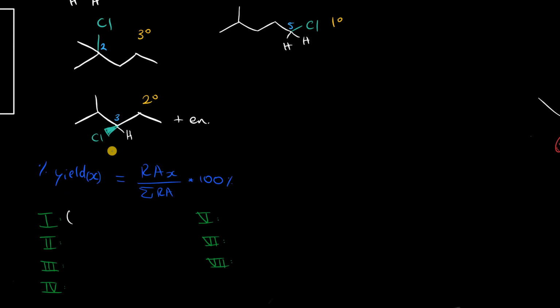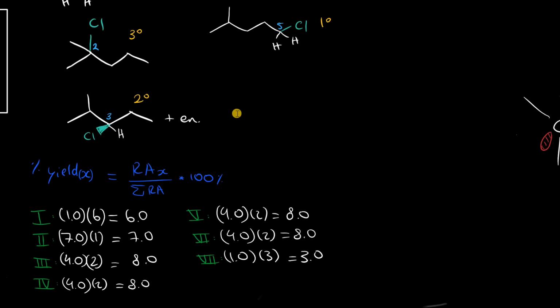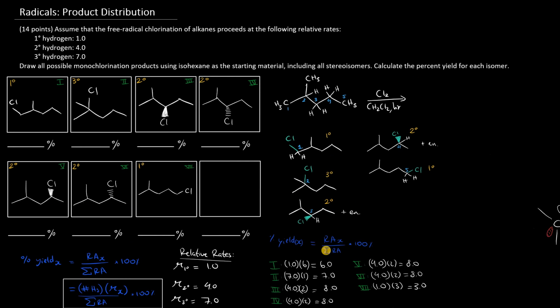So we multiply the rate, 1.0, by the number of hydrogens, and we get 6. We do the same for products 2 through 7. Solving for sigma Ra, we obtain 48. The final step is to put the relative amount of a particular product over sigma Ra and multiply by 100. That's the ratio that gives us the percent yield for that particular product.